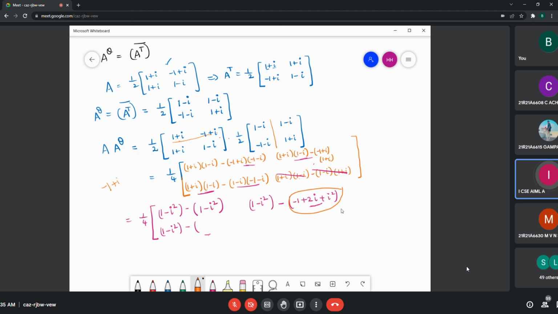Okay, this one is, wait. Right, this is i plus 1 into i minus 1. So this is i square minus 1, right? Yes, ma'am. Right. So i square minus 1, correct.